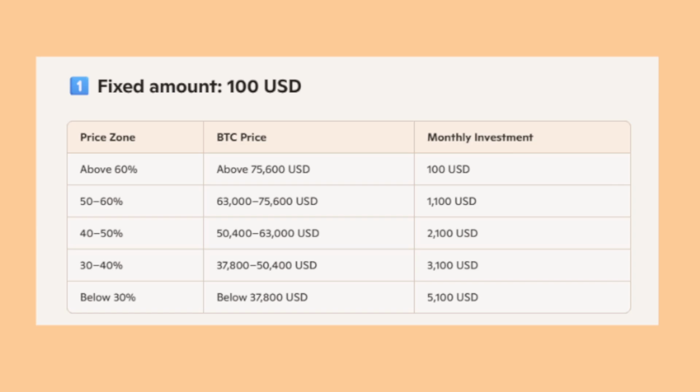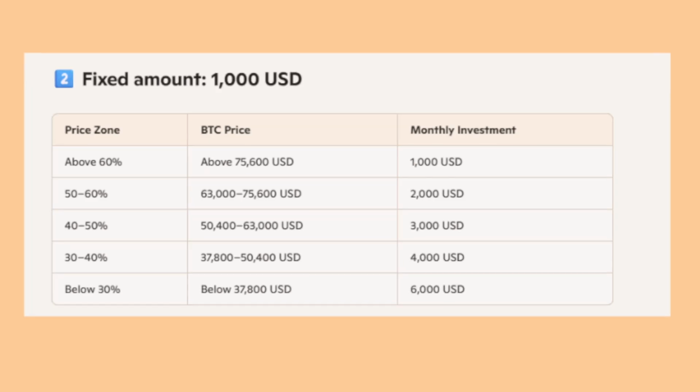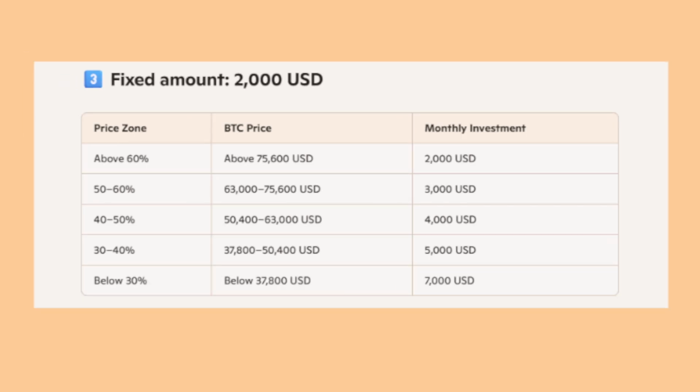And this will be the monthly investment amount we will look for. So if you want to work more aggressively or your income is higher, you could go to the $1,000 and you will be adapting the strategy to the fixed amount you want. $2,000, whatever you want.